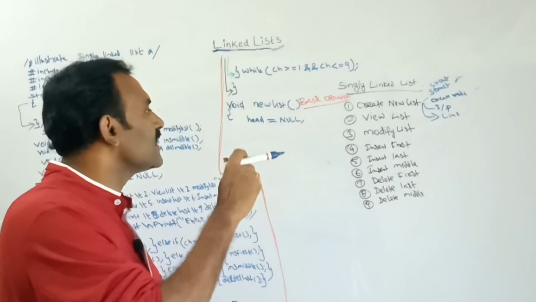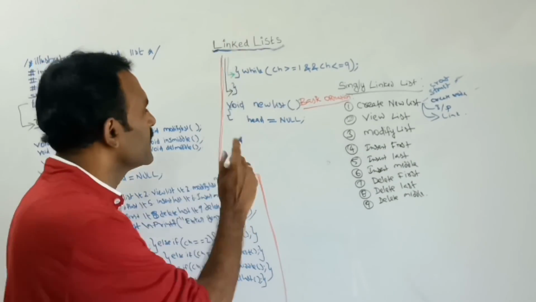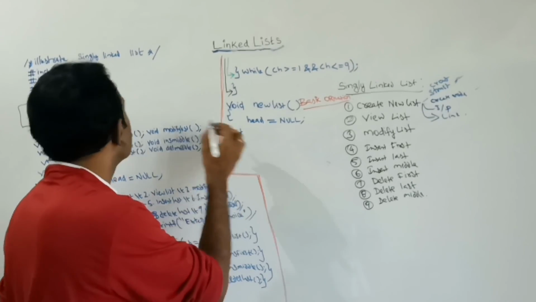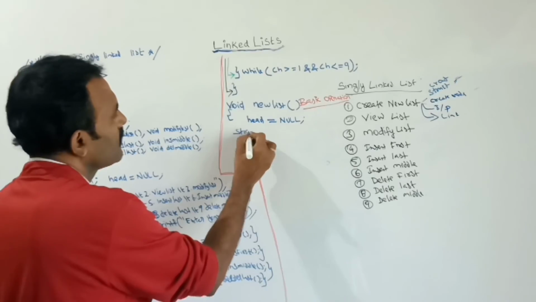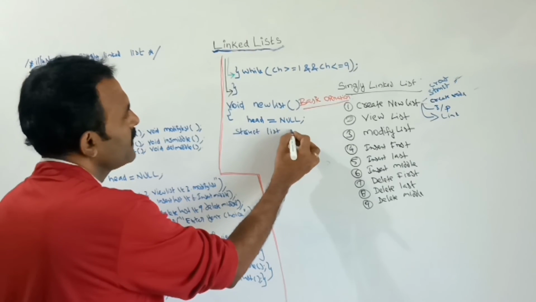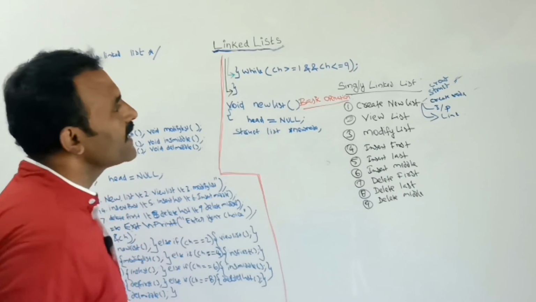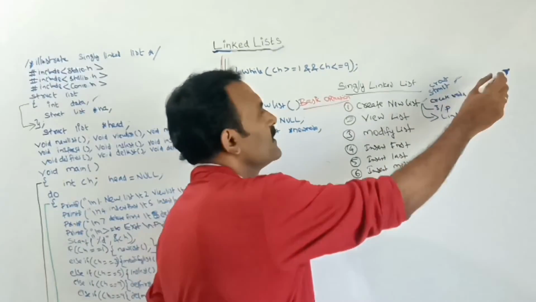Next I am declaring another pointer variable for this structure list, for creating a new node. This is used for creating the new node.